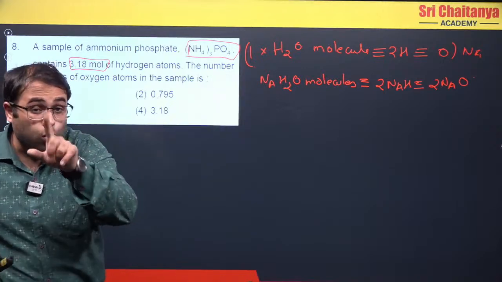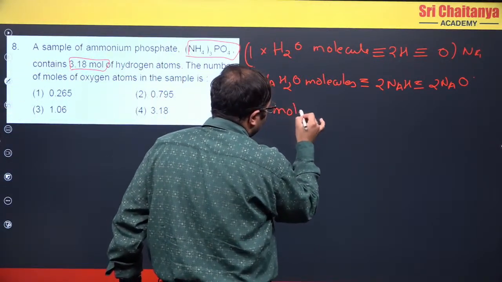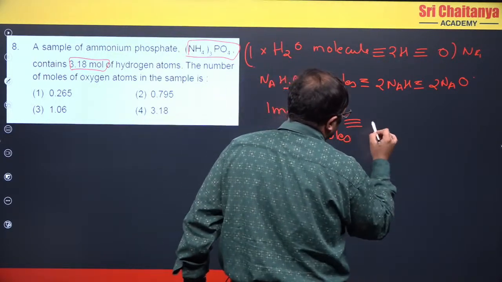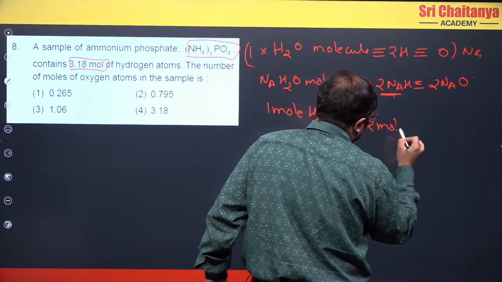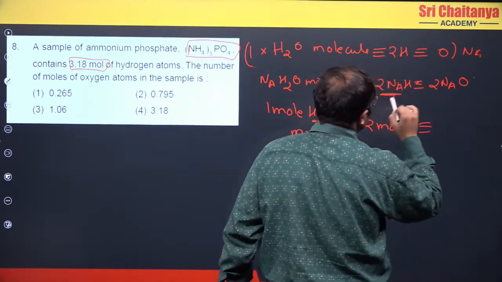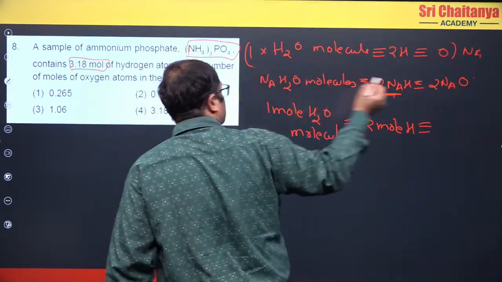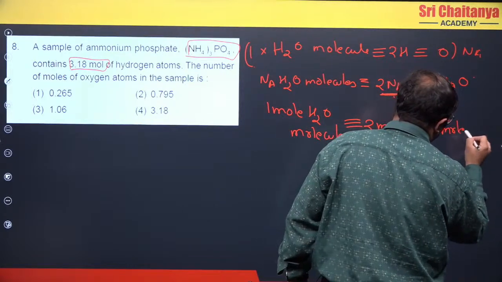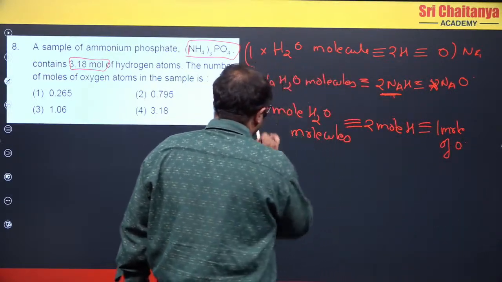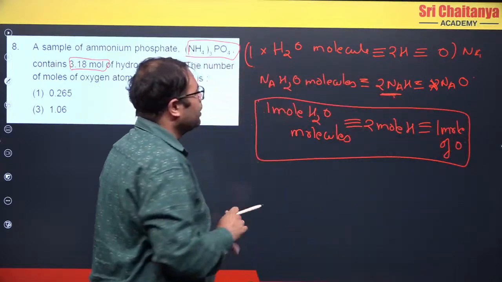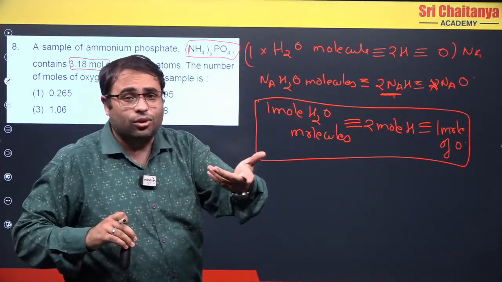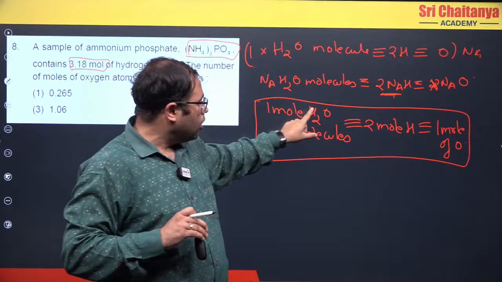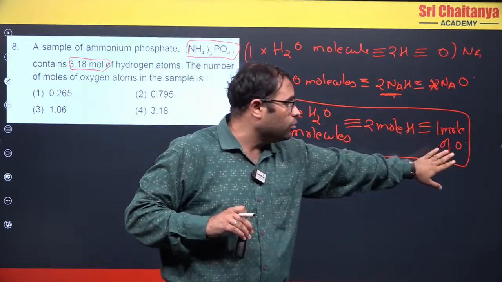Na means what? Na means 1 mole. So here you are having 1 mole of H2O molecules equivalent to, now 2 Na means 2 moles of H, and this is not 2, sorry, you can just cut this out, it's just 1 mole of O. So understand that from a formula, as you write it, you can directly conclude that 1 mole of water contains 2 moles of H and 1 mole of oxygen.